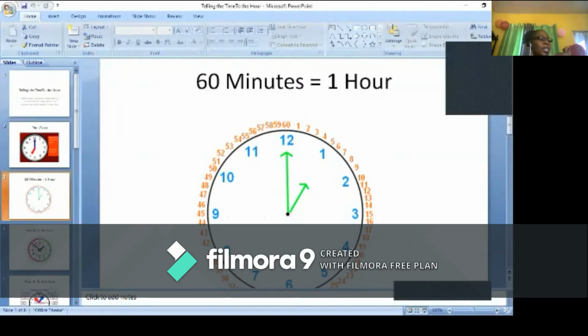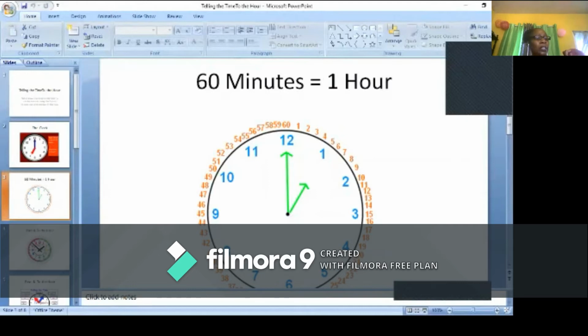And we know that between each number, there are 5 minutes. Are we ready? So move your long hand to the number 1, and we're going to start counting by 5. We're going to touch each number going all the way around and count by 5 because there are 5 minutes between each number. We did that last week.